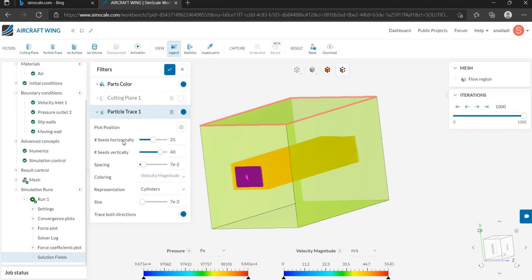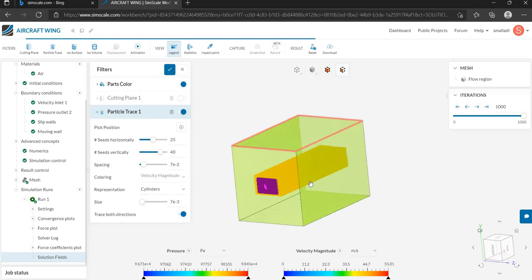You can change the horizontal, vertical seeds and spacing and size here. In particle trace, hide the domain.